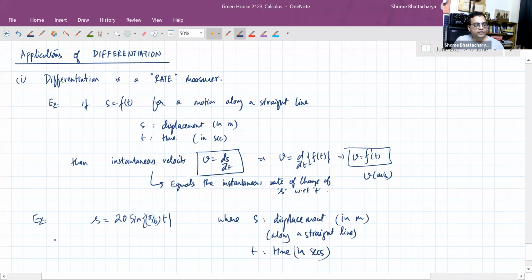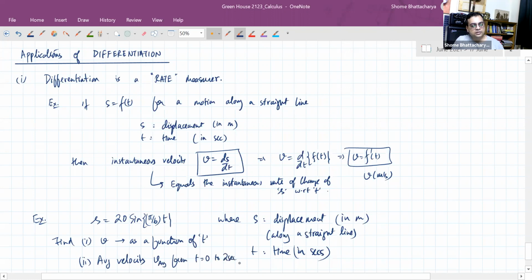Now we want to find instantaneous velocity as a function of time. And we want to find average velocity from t equal to 0 to, let's say, 3 seconds.